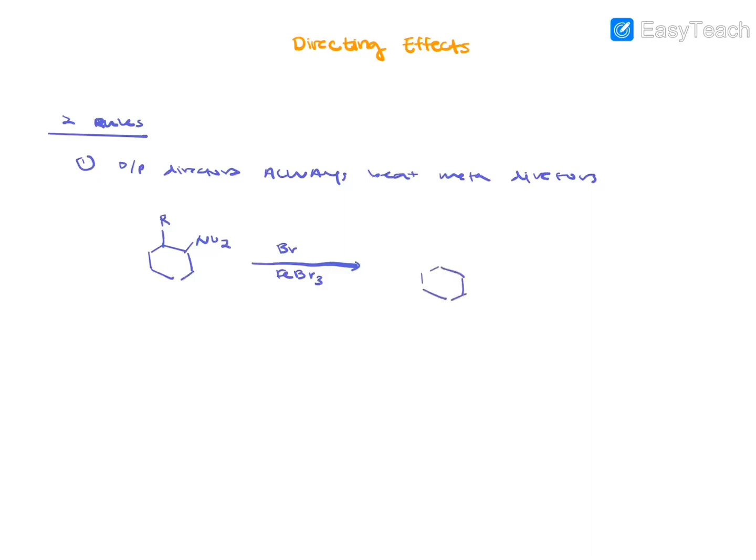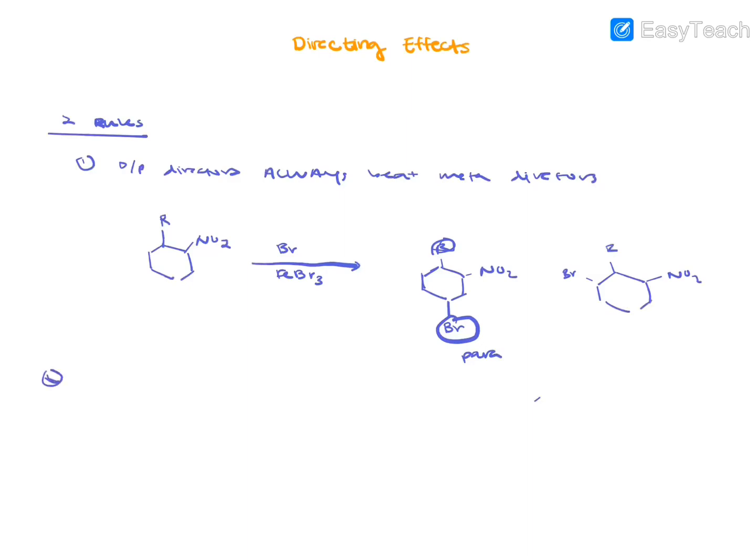Well, our products would be one having the bromine para to the R group, and the other would be having the bromine ortho to the R group. But one option would not be having the bromine meta to the NO2 group, because the ortho-para directors always beat the meta directors.